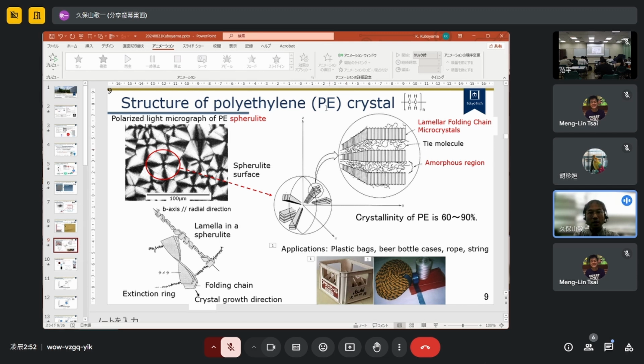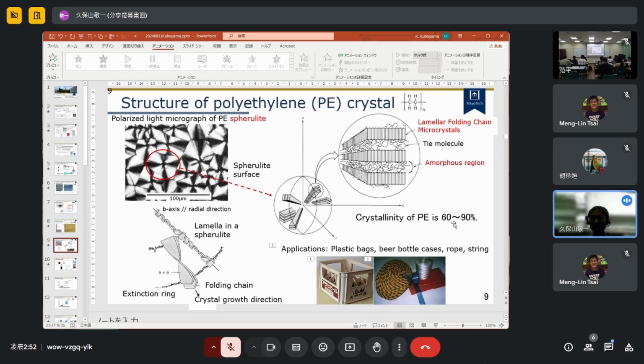In the case of polyethylene, maybe the highest crystallinity is about 90%, not 100%. And for example, in the case of polyethylene terephthalate, PET, the highest crystallinity is maybe around 60%.